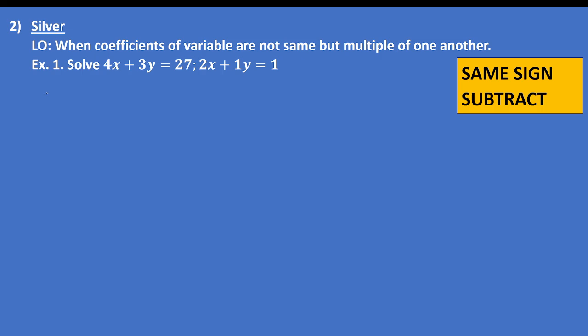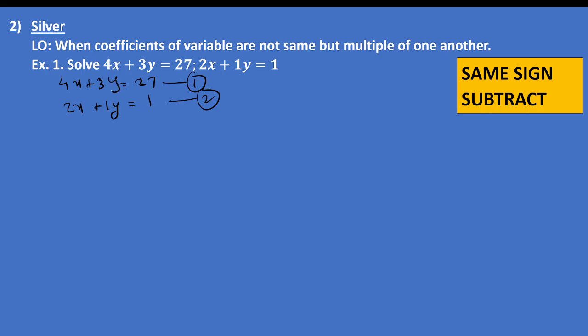As we discussed earlier, in silver categorical examples we actually do not see the same kind of terms in both equations. Instead, we get multiples of each other. So here I will show you how it is a multiple. I'm going to write first 4x plus 3y equals 27 with the label of equation number 1, and 2x plus 1y equals 1 with the label of equation number 2.